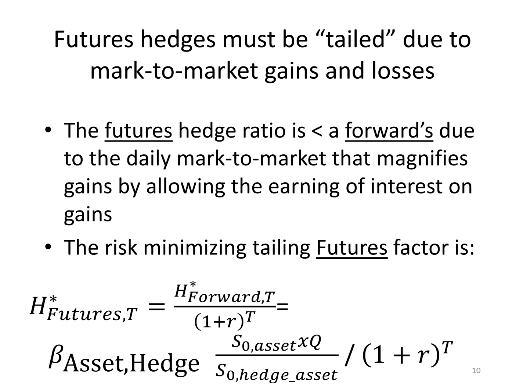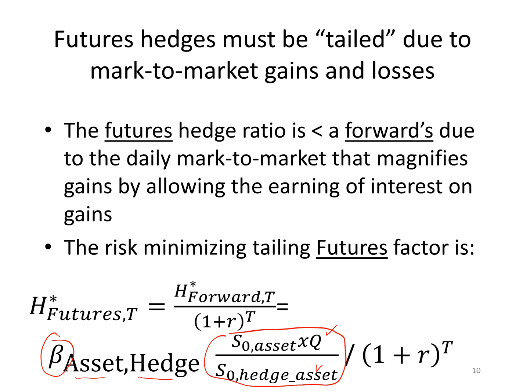So we talked about before that the optimal hedge ratio for a forward contract is the beta, if we're doing a cross hedge, that beta is between the underlying asset and the hedge asset, times the spot price of the underlying asset times quantity, divided by the spot price of that hedge asset. That would be the optimal hedge ratio for a forward contract.